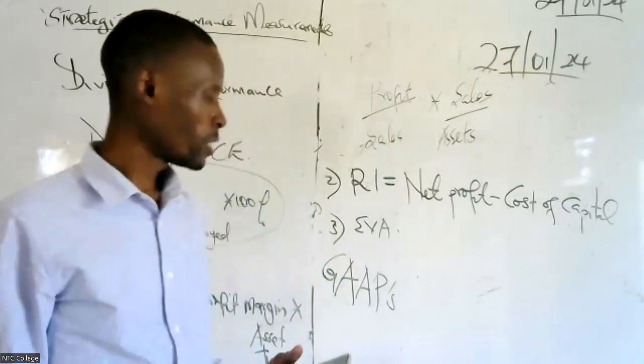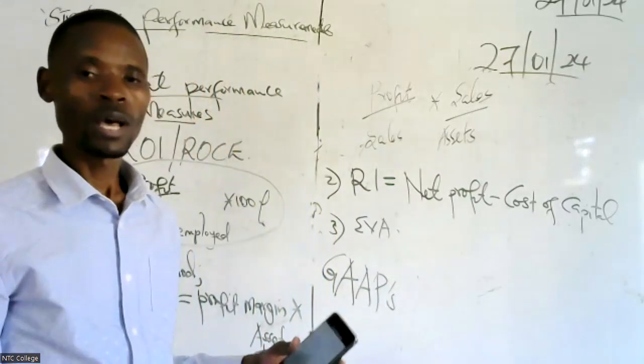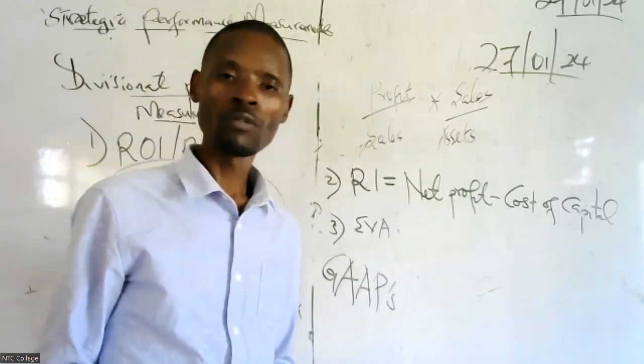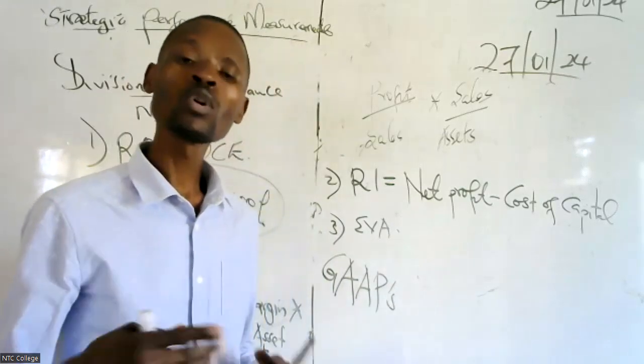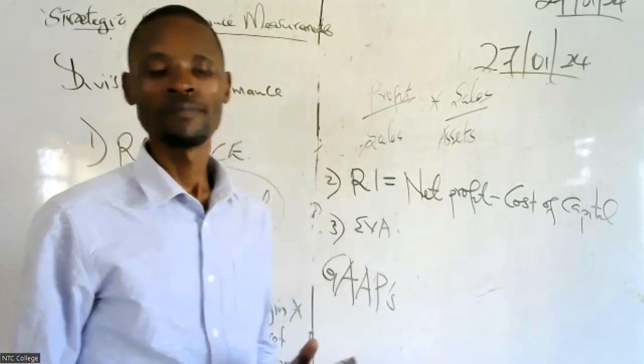And remember, we said that one of it is depreciation, amortization, provision for doubtful debts, those items that do not involve movement of cash.